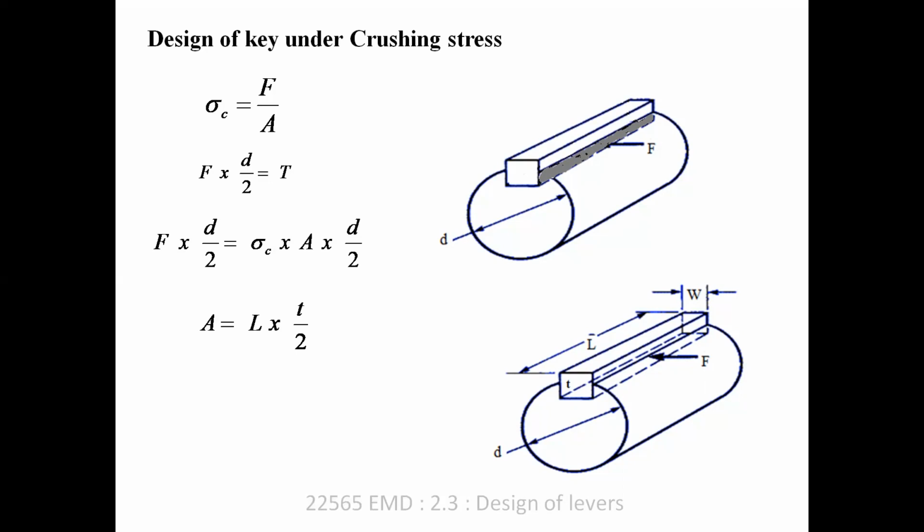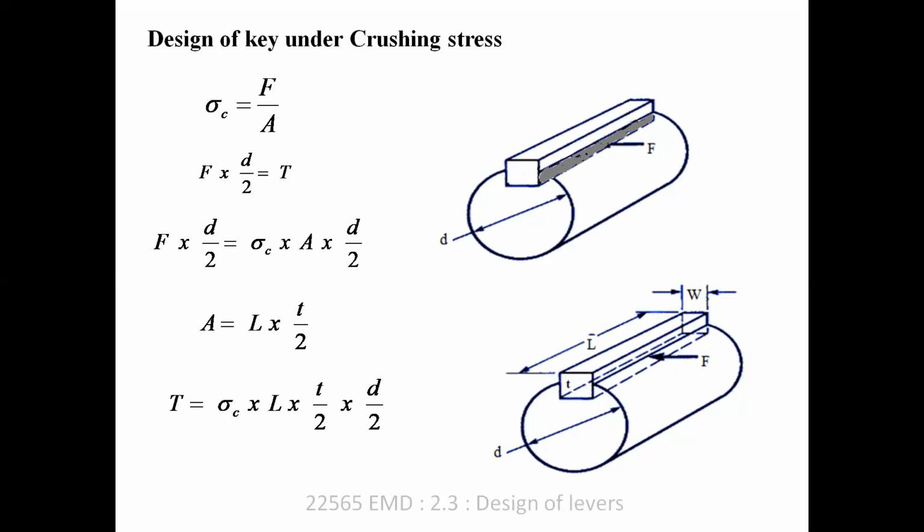If you look at the area now, the area is half portion of the key which is inside the shaft. Half portion means t by 2 is the thickness, multiplied by length. So L into t by 2 is the area. If you put that area in our equation, then torque T equals crushing stress multiplied by length L multiplied by t by 2 into d by 2.